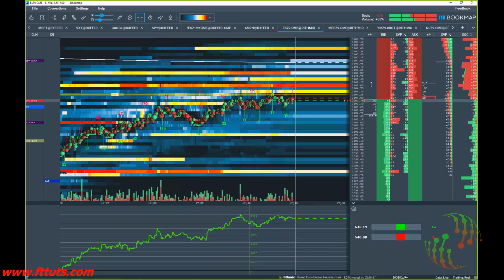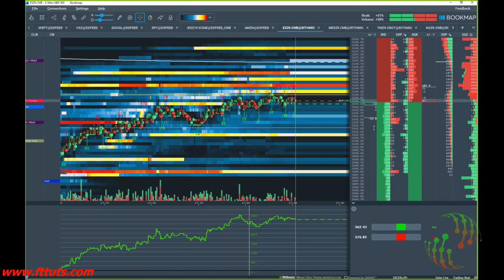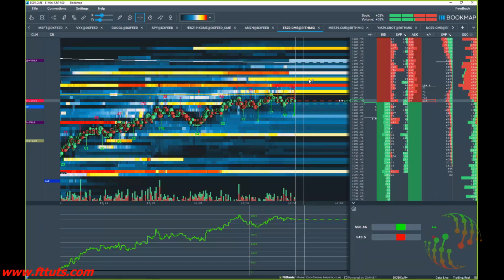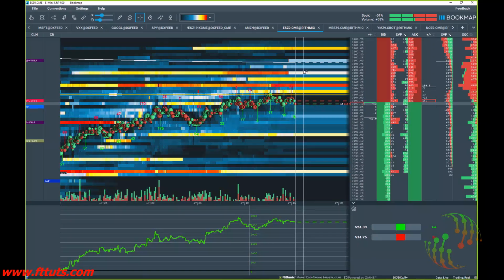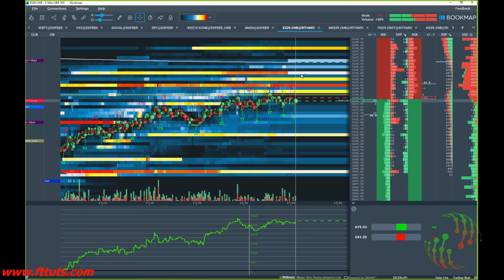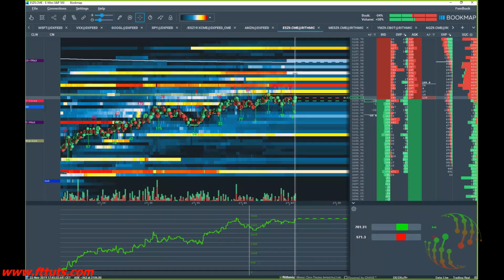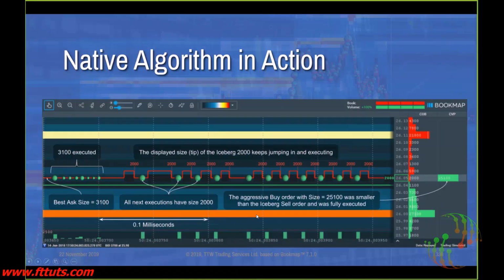Absorption can also be a part of iceberg orders. We haven't talked about finished auctions. Finished auctions happen out of nowhere. You see no liquidity sitting here, for example, but a big and large dot. And I'm sure that this big and large dot is hit by iceberg orders. It's a kind of absorption, and then the market drops back or goes down here.